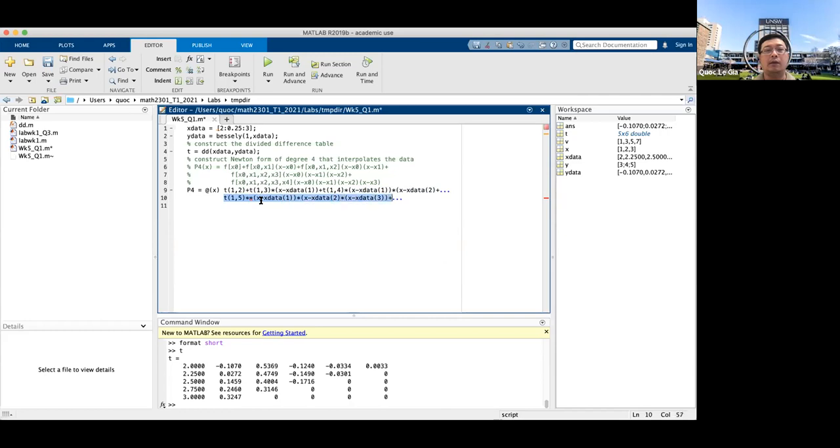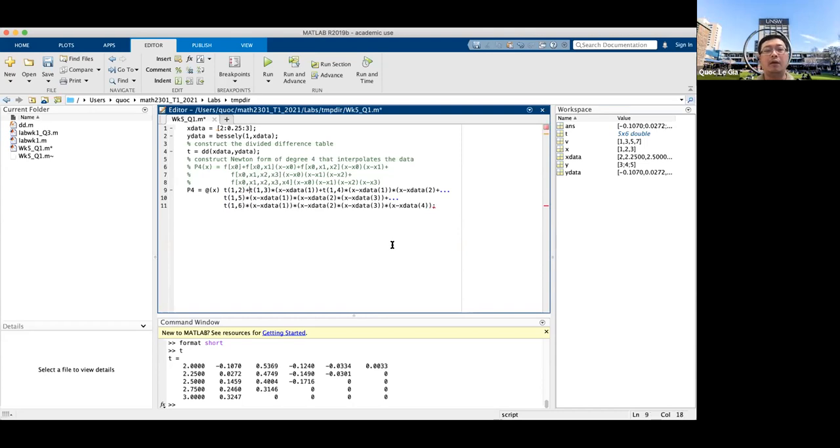T1 6 is the last coefficient. And do not forget to multiply by the last, well, not the last, but near last. Actually I should have only 1 star here instead of 2 stars. And that's it.